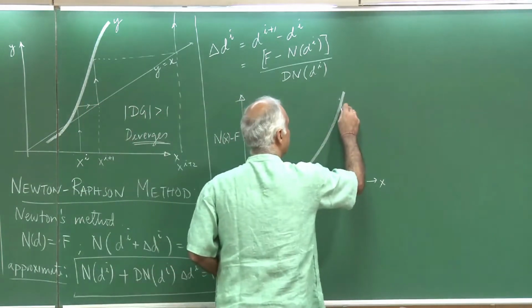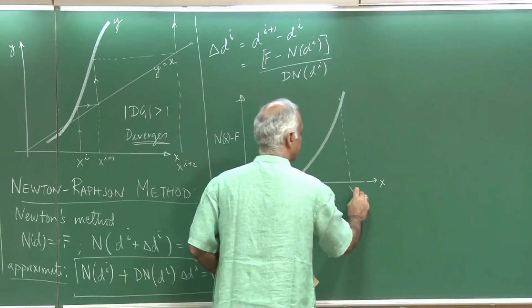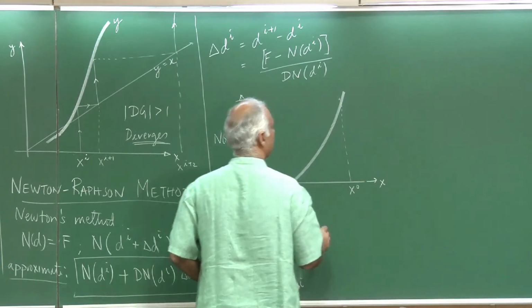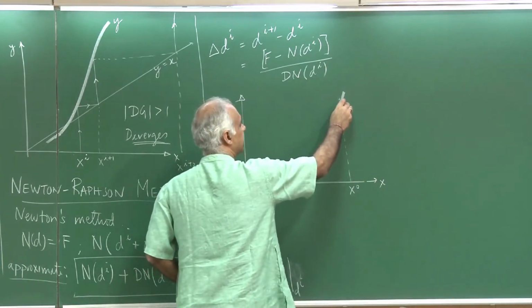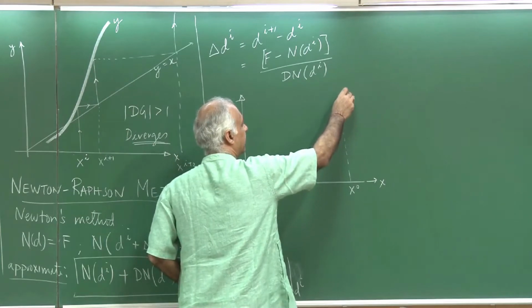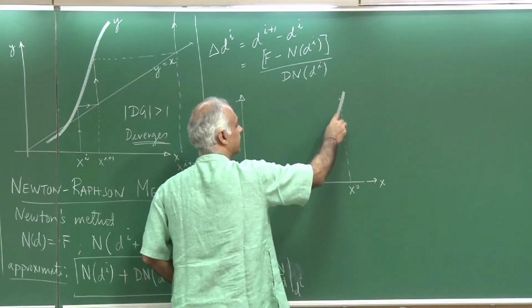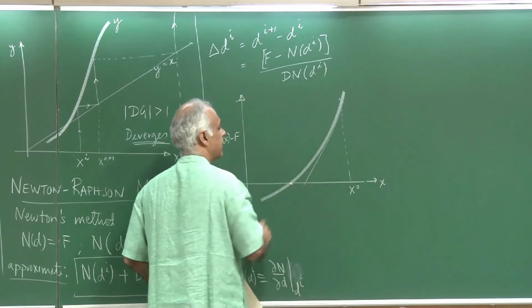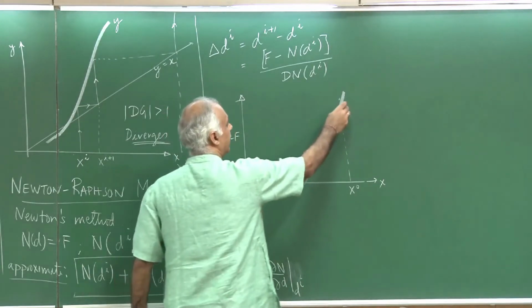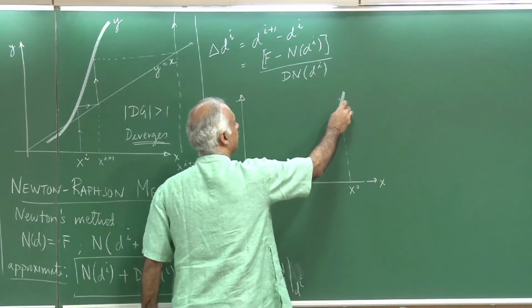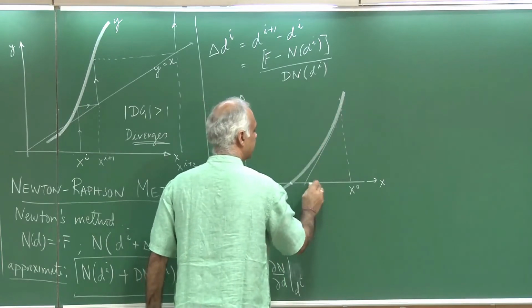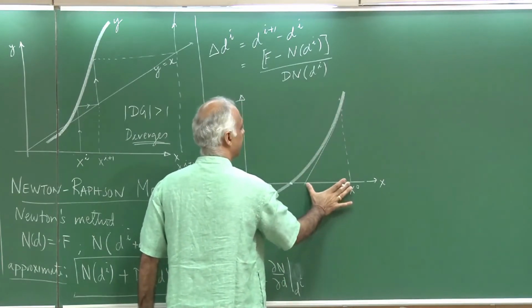And suppose this is my initial guess, x0. So what is being said is that I draw a tangent here. So let's say this is a tangent, and because this is the slope, I am actually getting this as my delta x.